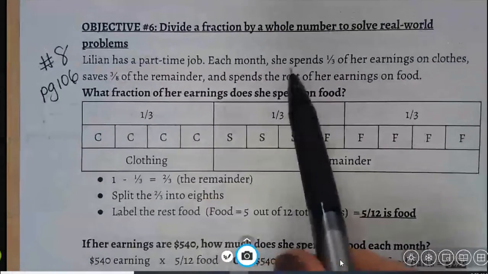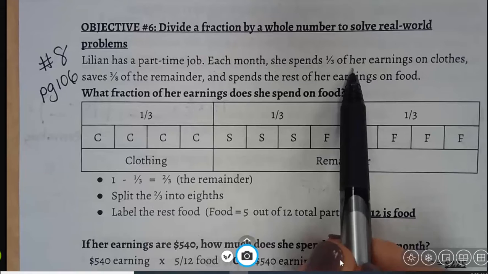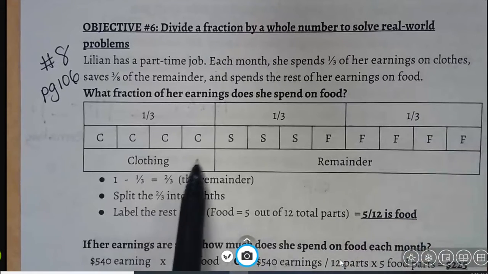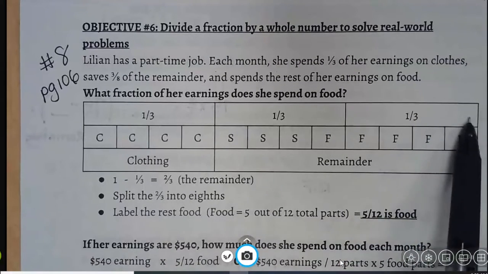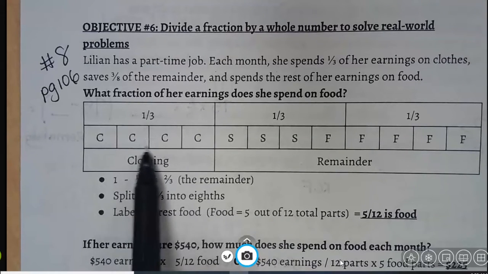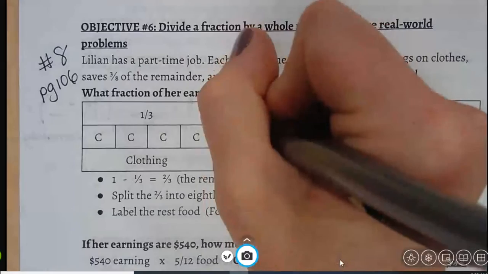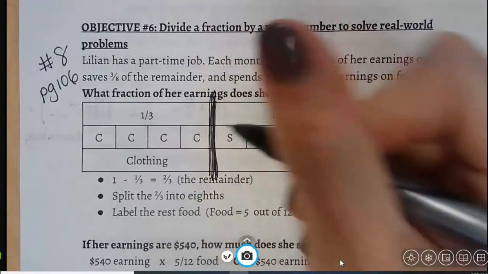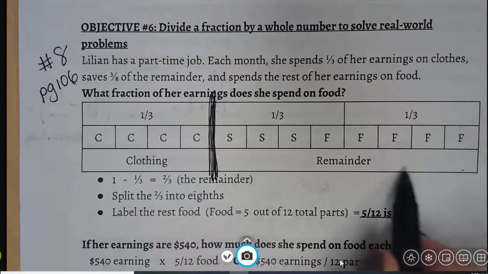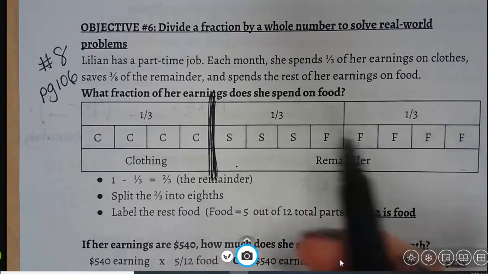So we have Lillian has a part-time job. Each month she spends 1/3 of her earnings on clothing. So you can see that here. So this is all of her job. So 1/3 of her earnings on clothes. She saves 3/8 of the remainder. So here is the remainder. You can see that. And she saves 3/8 of it.